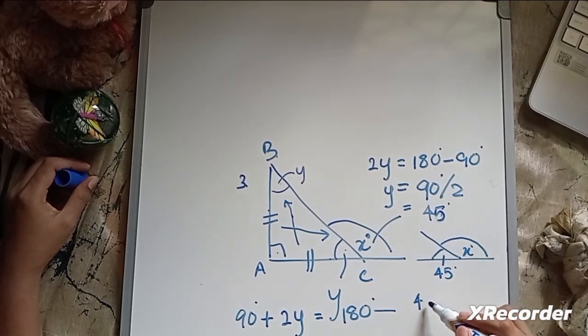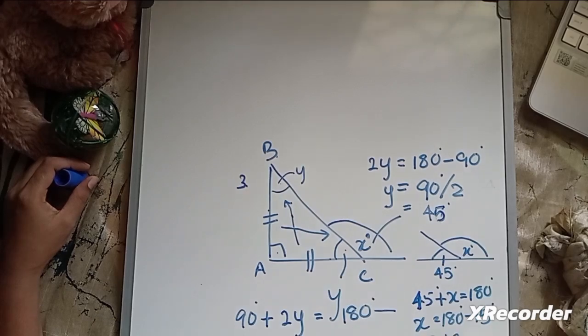So let's say 45 plus x equals 180, x equals 180 minus 45, then we got the answer 135.